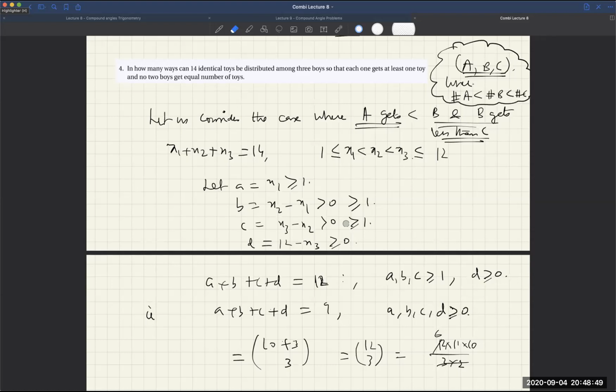Sir, but why can't the difference between x2 and x1 be equal to x3 and x2? Because they have said themselves that no two boys get an equal number of toys. We have to take care of it.